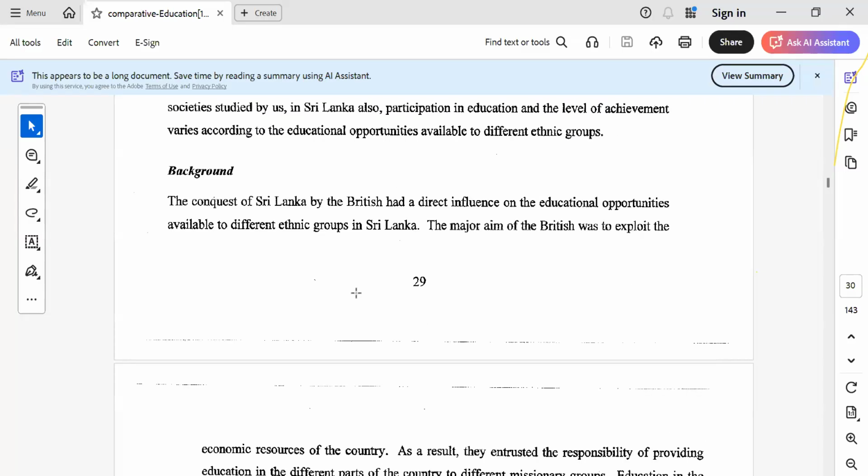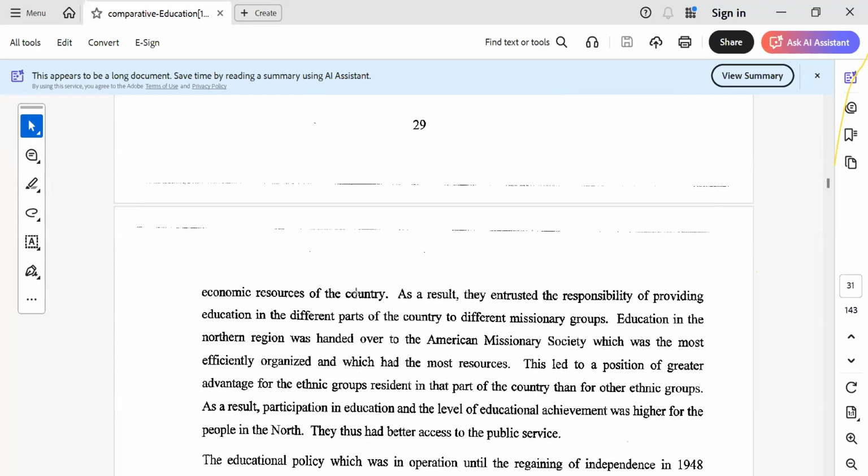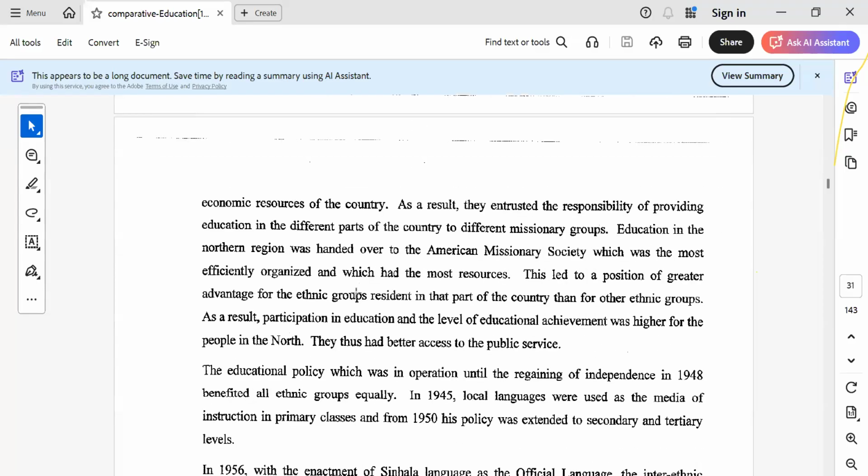The major aim of the British was to exploit the economic resources of the country. As a result, they entrusted the responsibility of providing education in the different parts of the country to different missionary groups.